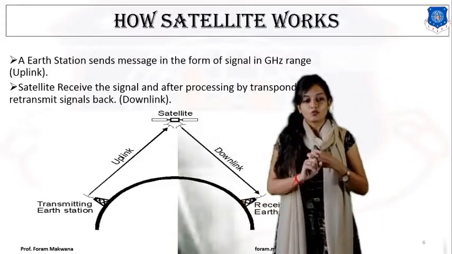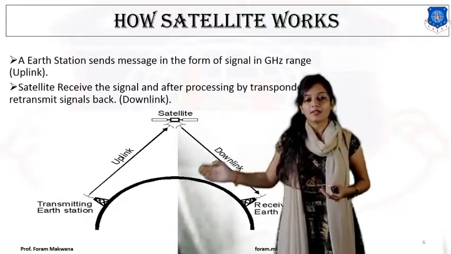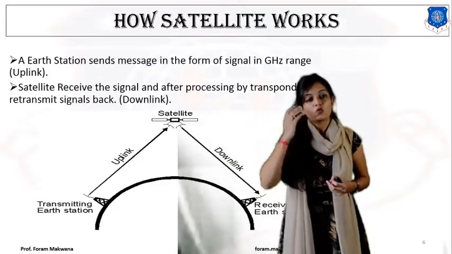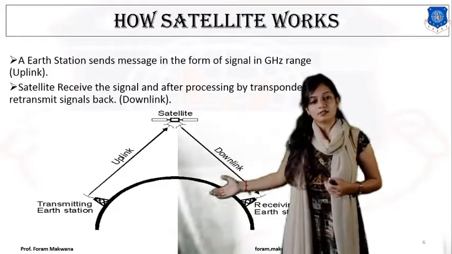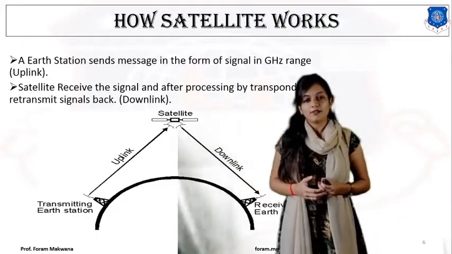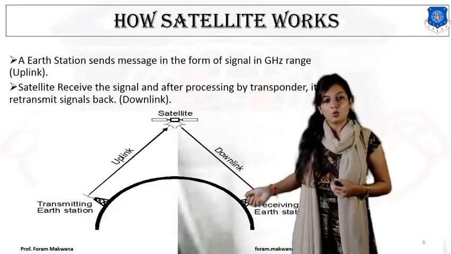Alright. So for that reason, uplink frequency should be higher than the downlink frequency, because we are able to transmit high power from the transmitting Earth station. And at the receiving Earth station, the downlink frequency is lower. Why?